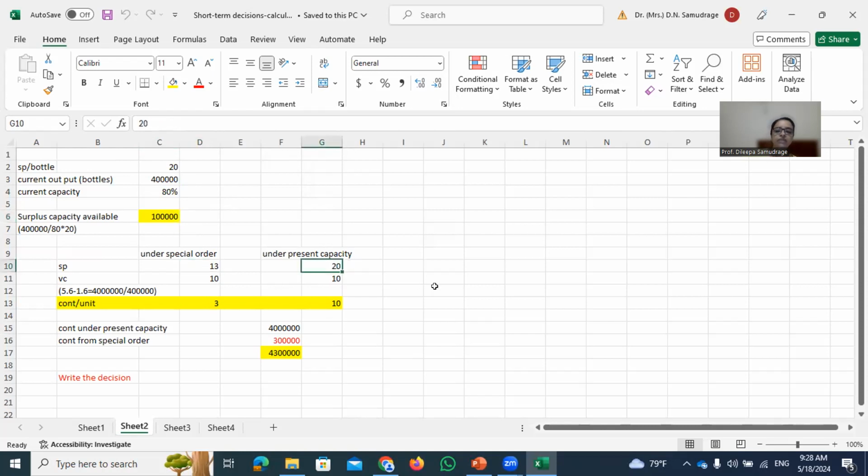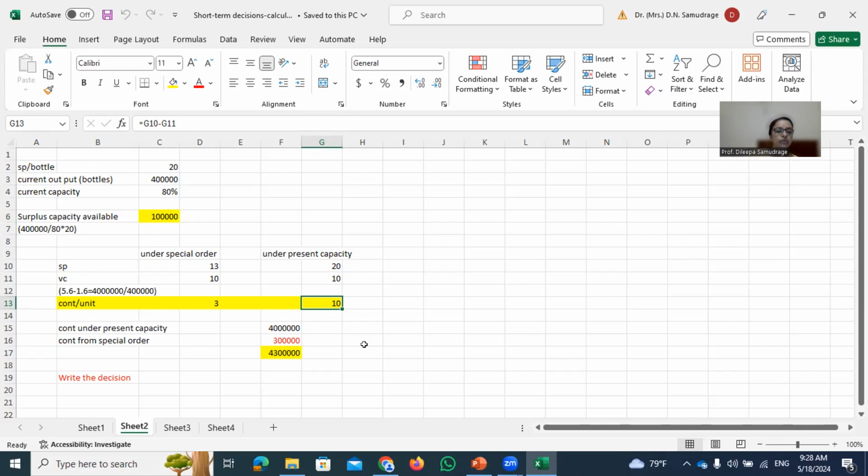Present capacity, your selling price is 20. Then the variable cost is in both cases 10 rupees per bottle. So therefore, contribution per bottle under special order is 3 rupees, under current capacity 10 rupees.